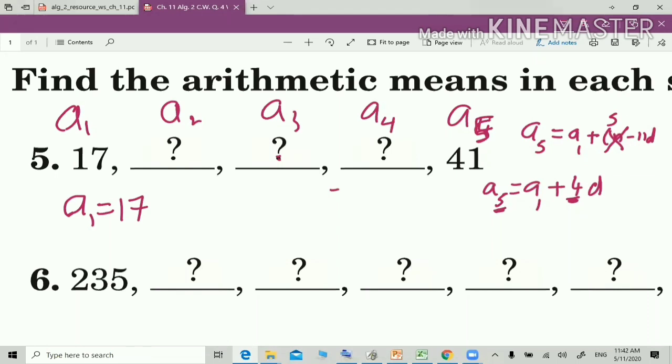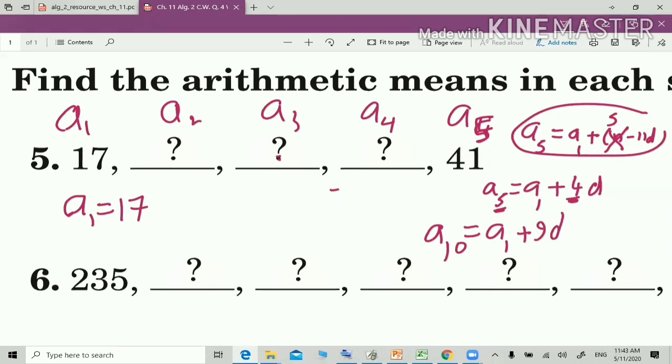This is 5, so this must be 4. If this is 10, this must be 9. So if I like to find A10 without writing this step, A10 equals A1 plus what will I write here? 9D. Bravo. A15, I will write A1 plus 14D. I want you to know that to save writing.